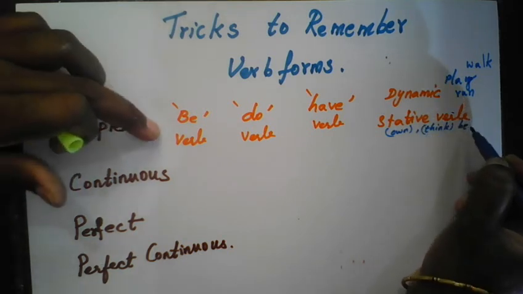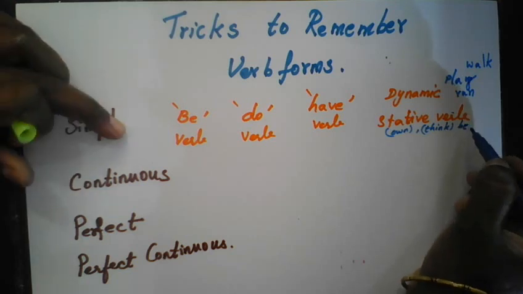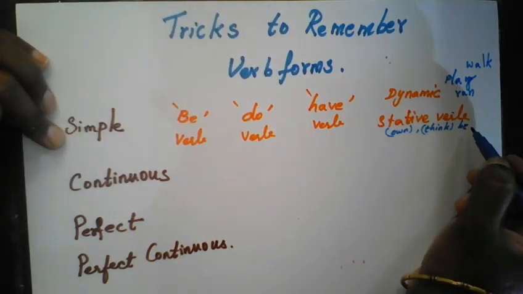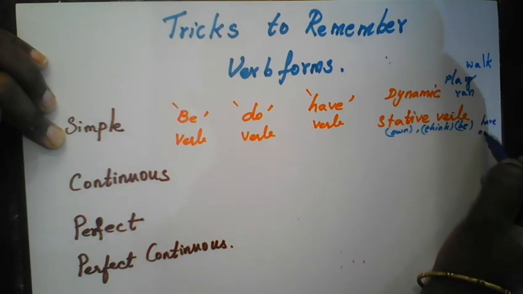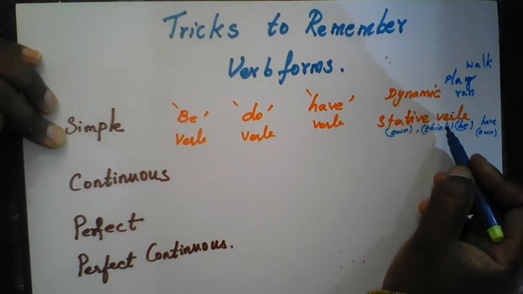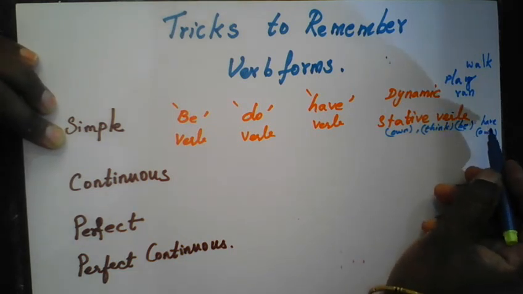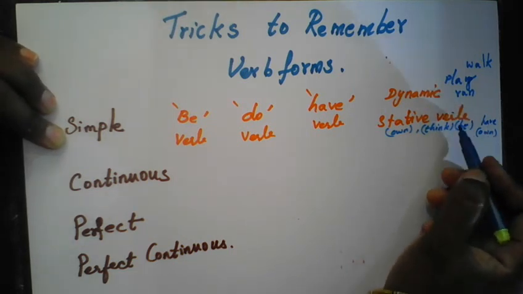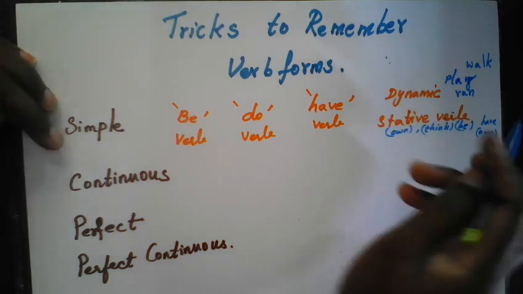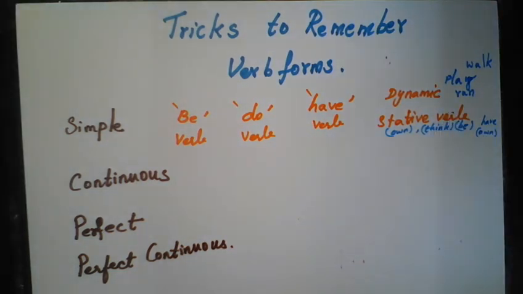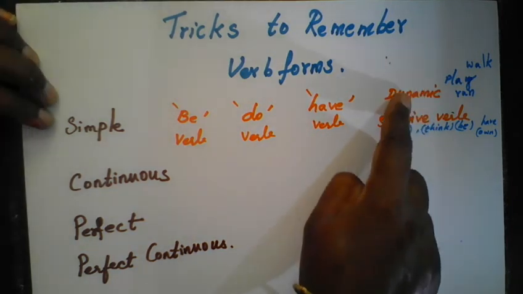The be verb is also a dynamic or stative verb, and the have verb is also a stative verb when it takes the meaning of own. This have is also a what? Stative verb. Okay, so a stative verb needs no physical action, it is just done by our cognition.